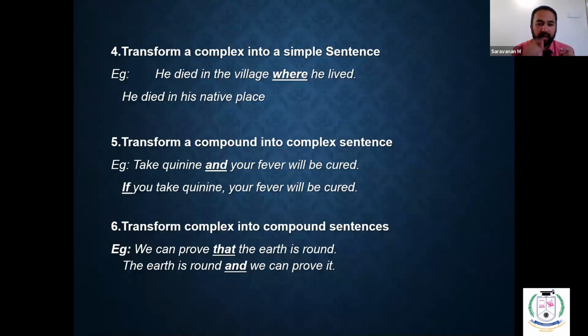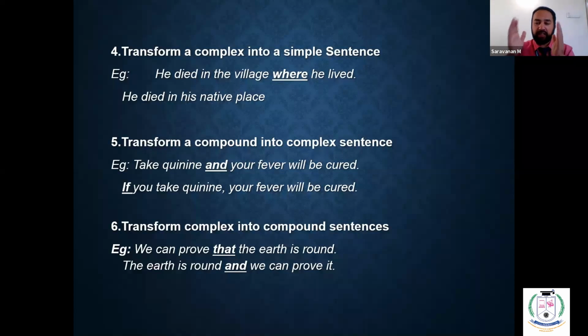See here: the earth is round and we can prove it. The earth is round is a separate main clause. We can prove it is also another separate main clause. Both are joined together using the word and. Clear, all of you? I'll repeat the sentence once again. See the complex sentence: we can prove that the earth is round.